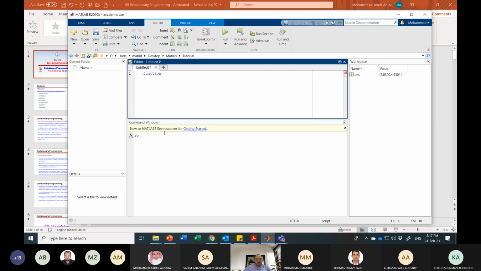We need to name this function with a unique name in order not to interfere with the built-in functions in Matlab itself.